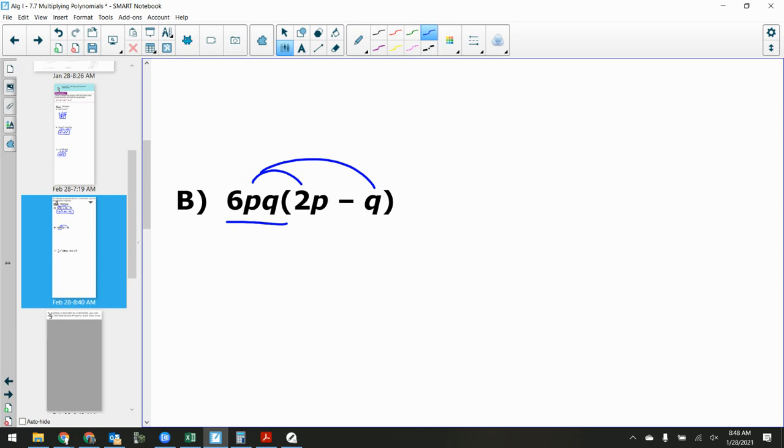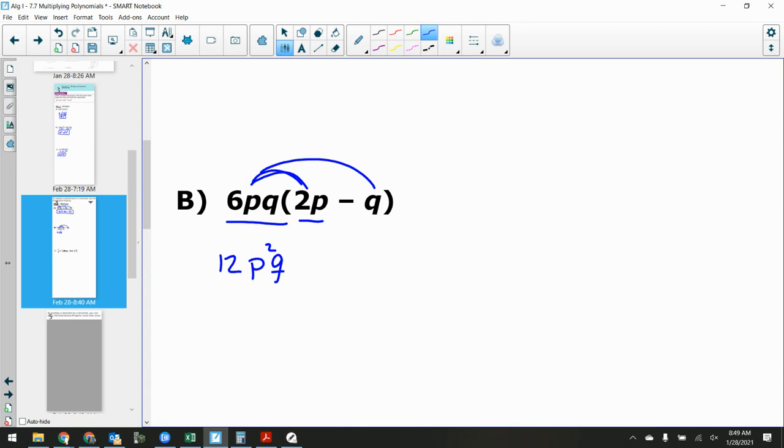I've got 6p cubed times 2p. I'm going to take the 6 times the 2 to get 12. What's p times p? P to the second. And then I've got a q sitting in there as well.